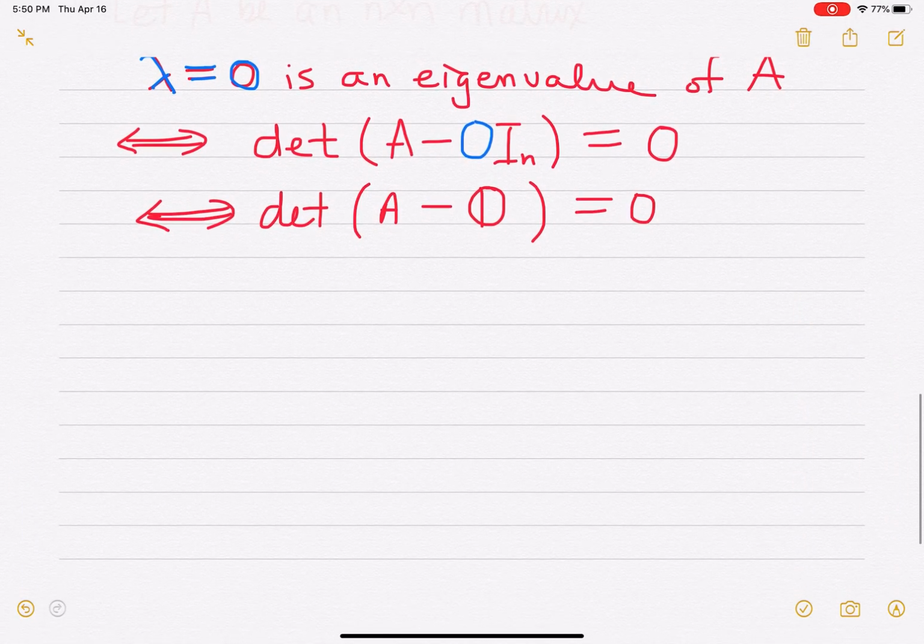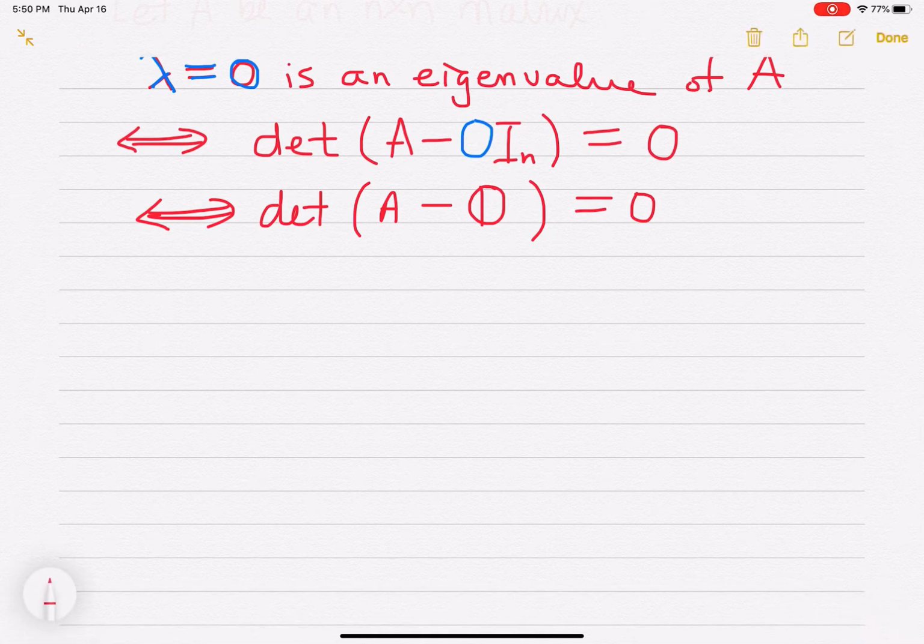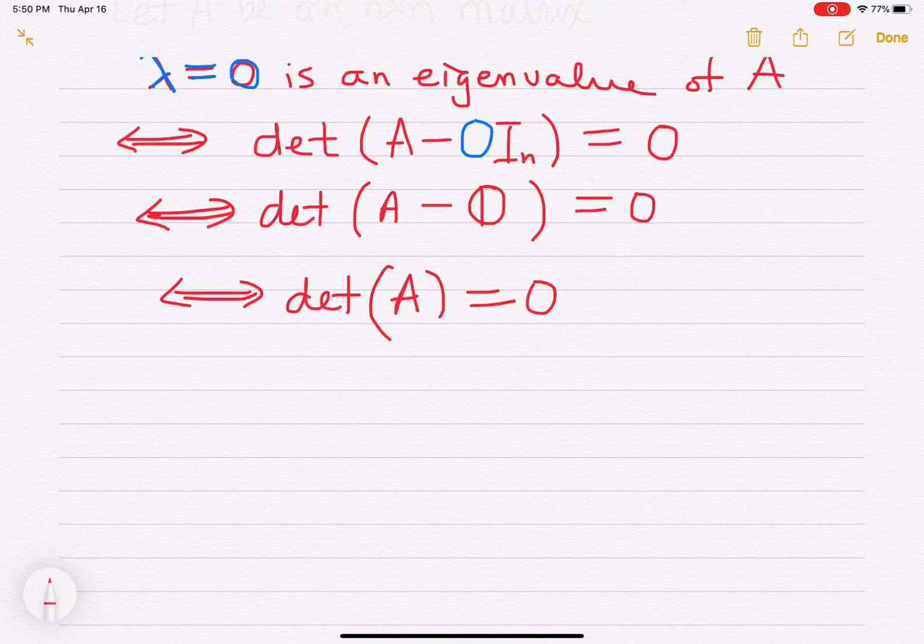But wait a second. Determinant of A minus the 0 matrix. A minus the 0 matrix is A. So the determinant of A is 0. That means A is singular. Remember, a matrix is singular if and only if its determinant is 0. It's invertible if the determinant is not 0, but it's singular when the determinant is 0. That means it's not invertible.